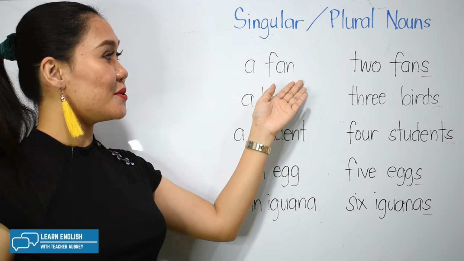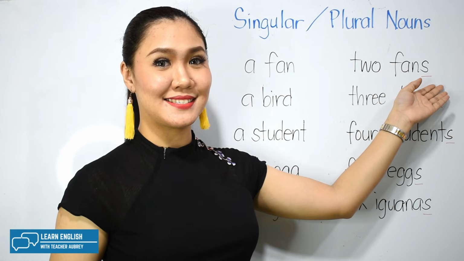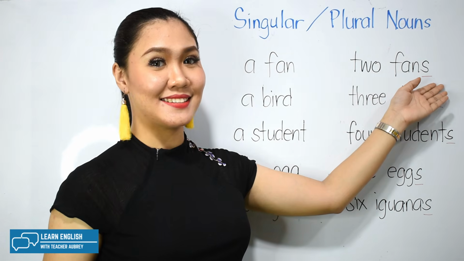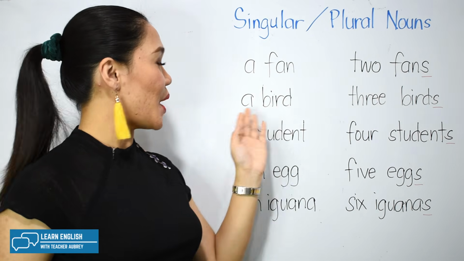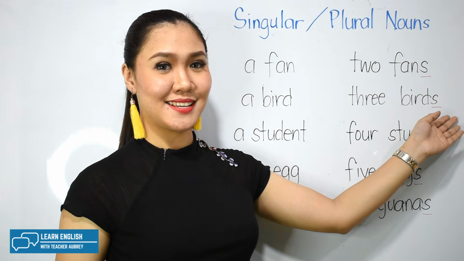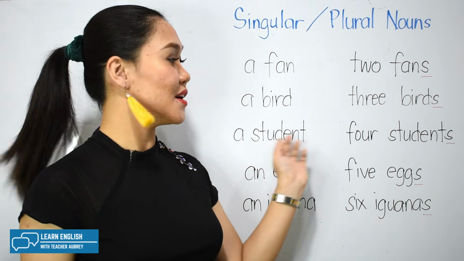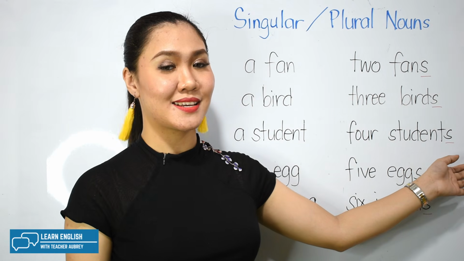Let's take a look at these examples. A fan, to make that plural, we may say two fans. A bird becomes three birds. A student becomes four students.